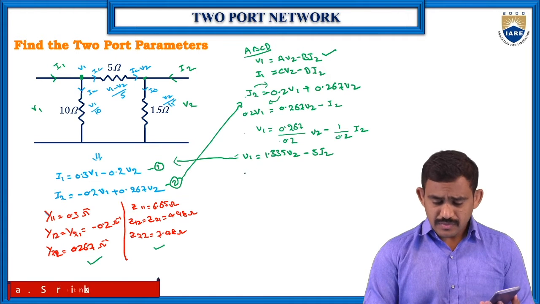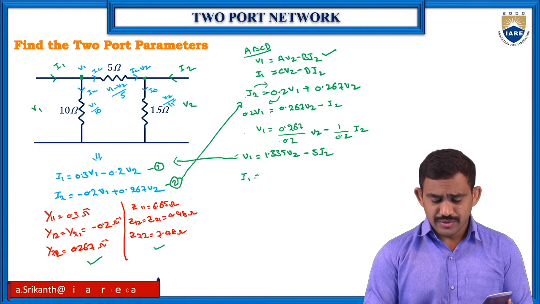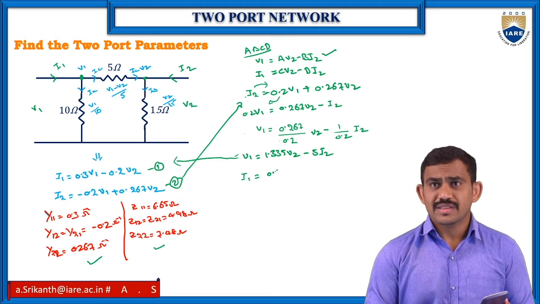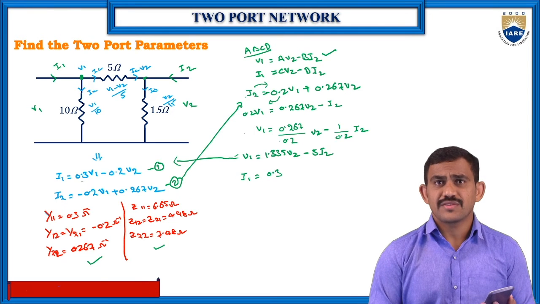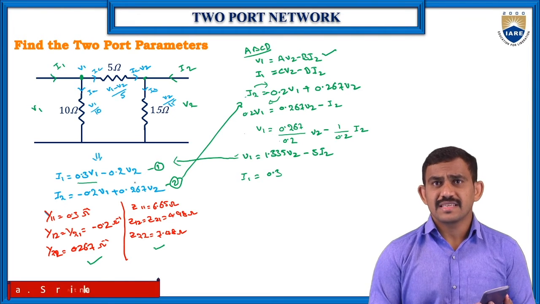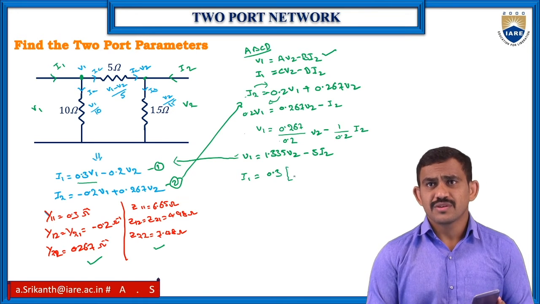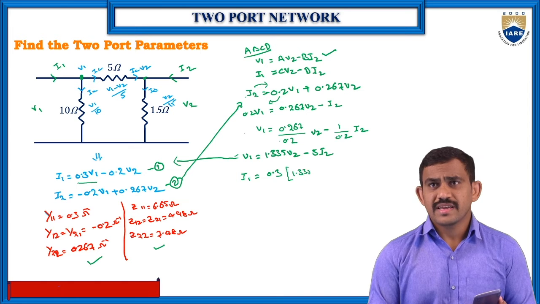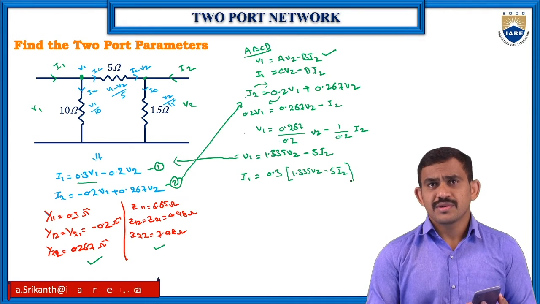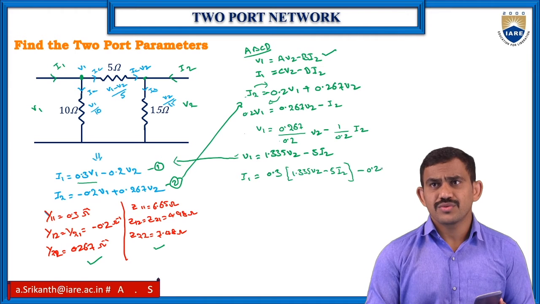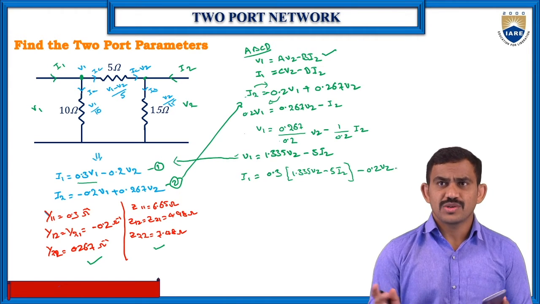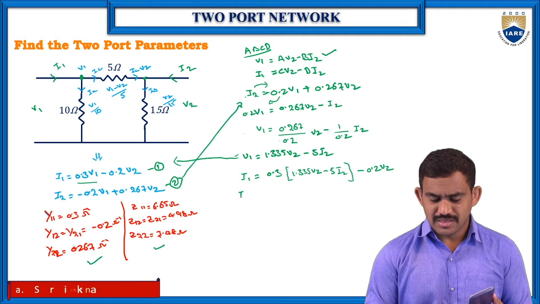Then I1 equal to 0.3 as it is. So just observe this equation, 0.3 as it is, and here we have V1. V1 means substitute this value: 1.335 V2 minus 5 I2, minus 0.2 V2 as it is. Then solve this equation.